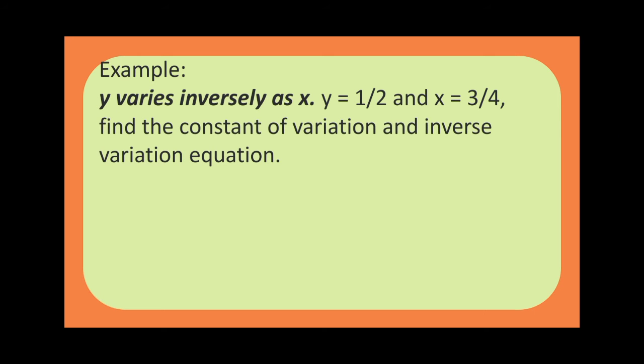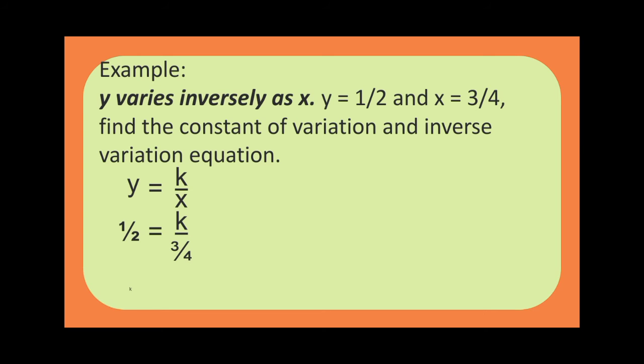Next example, y varies inversely as x. Y is equal to 1/2 and x is equal to 3/4. Find the constant of variation and the inverse variation equation. So formula, y is equal to k over x. Substitute y, which is 1/2. Then this is equal to k over 3/4.